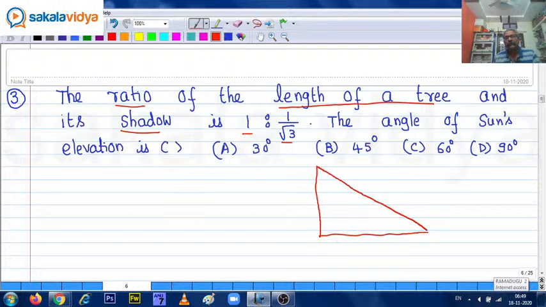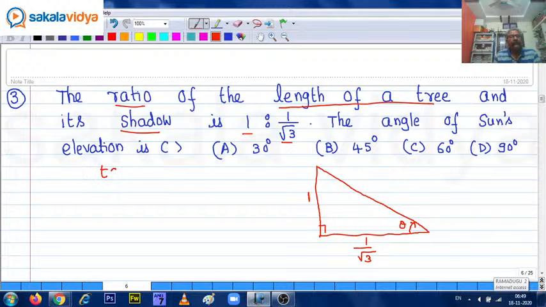Now this is the sun's elevation, say theta. So opposite is 1, the length of the tree is 1 unit, and this will be 1 by root 3 units.